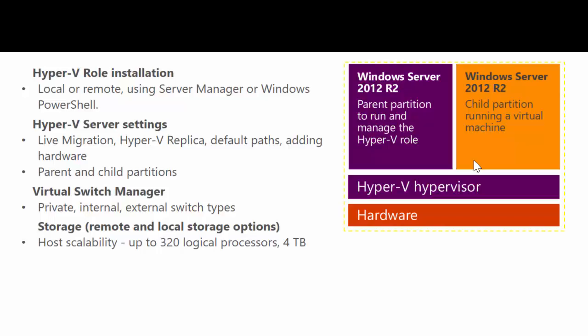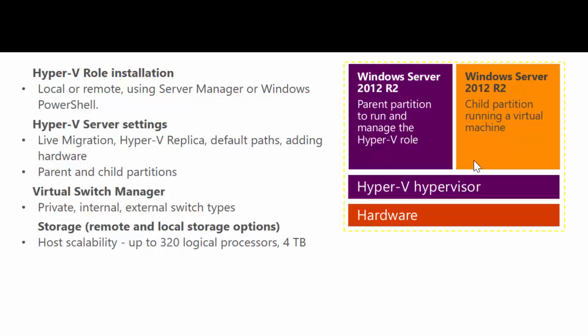Now finally, as we take a look at some of the other options here, for storage it supports local storage and remote storage, and for scalability we've got support for up to 320 logical processors and 4 terabytes of memory per server. So if you're looking at something where you really want to start scaling things out, you can obviously do that, but even if you've got a machine with as little as 4 gig of memory, you can get started and start deploying at least 1 or 2 small VMs to get an understanding of how some of these pieces work.